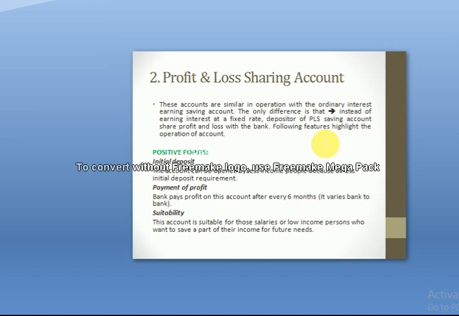Means this account can be opened in joint form as well, like you and I want to open this account jointly, combinedly. So jointly we can open it, and singly we can also open this account.